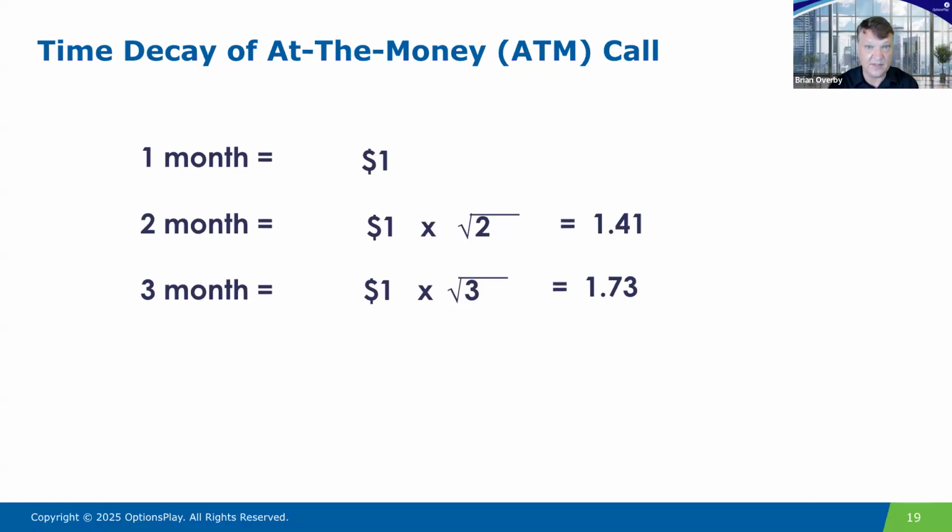If I do this and I'm wrong, time value is my friend, right? If I am wrong on my forecast, the time value protects me and allows me to either adjust the position or even close it for less of a loss. If I'm right on the situation, I want time value to go away. I'm doing this for a net credit. I want to be able to buy it back for as little as possible.